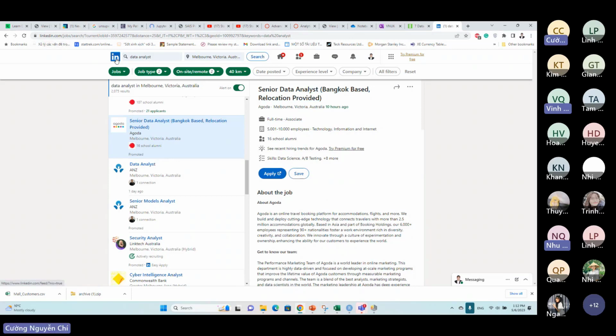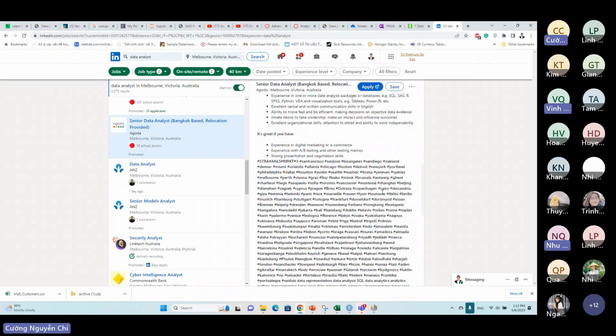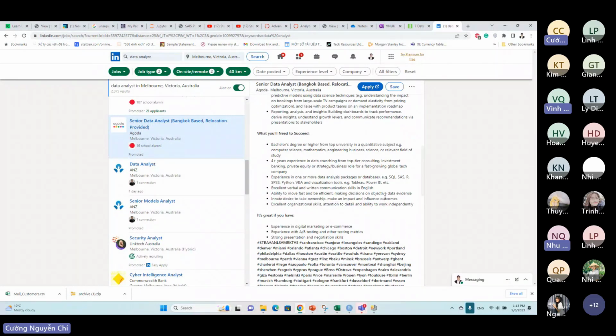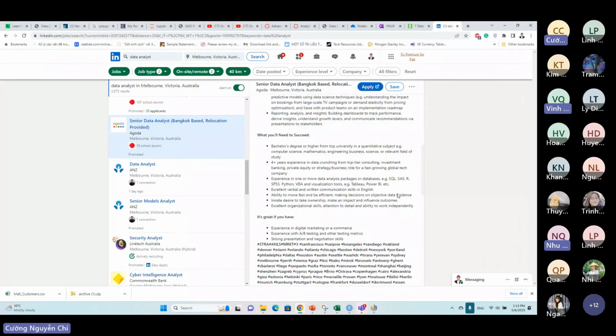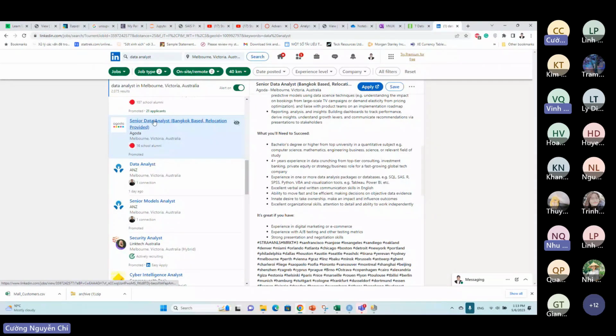One highly recommended network would be LinkedIn. LinkedIn is an ideal networking environment for you to get professional and reliable recruitment information.